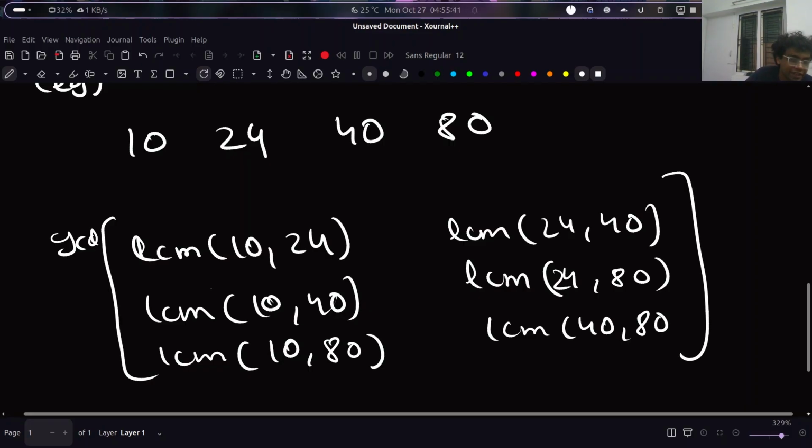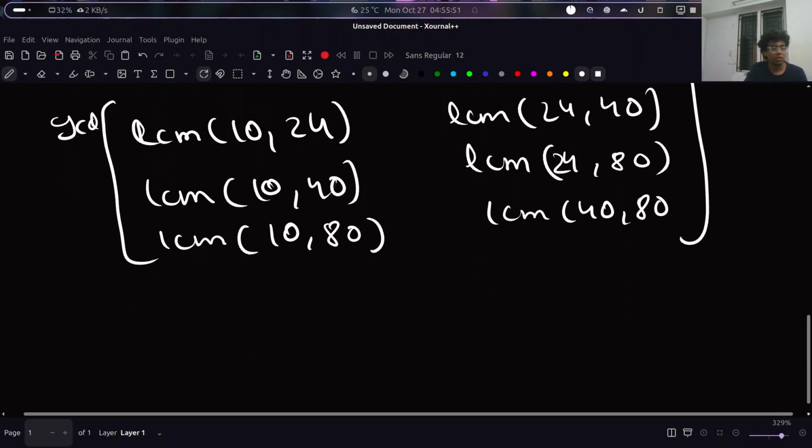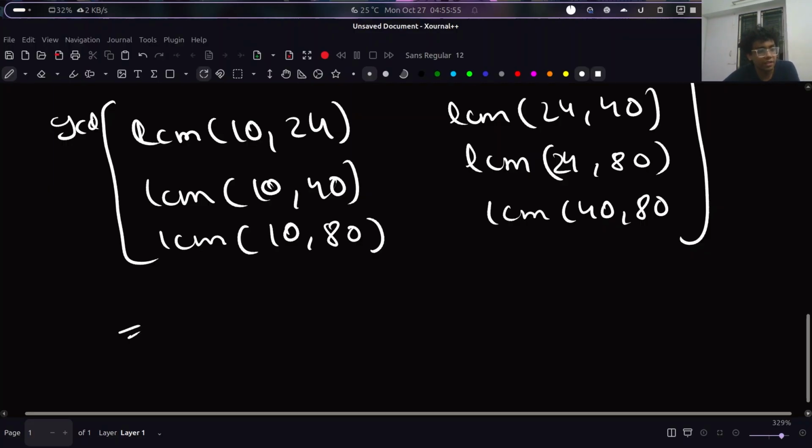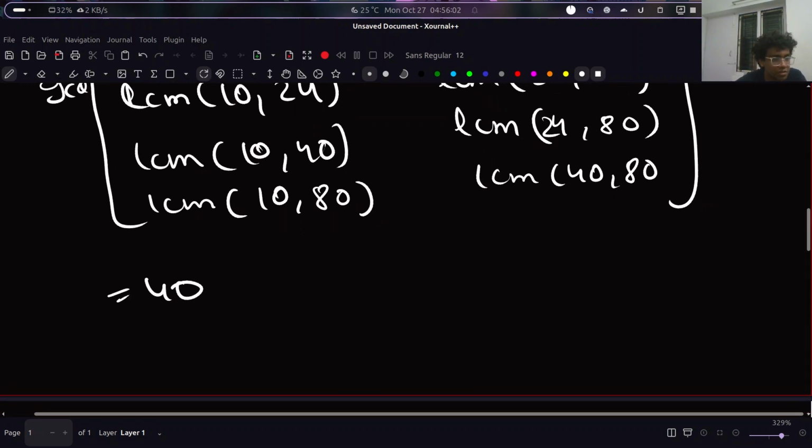And obviously if we had n squared time we would calculate it easily, but here we need to calculate it in the given constraint, which is like 10 power 5 type of constraints, right? Okay, now as you can see the answer over here is 40. Basically if you observe, whatever our answer is, let's say our answer is x, here x is equal to 40.